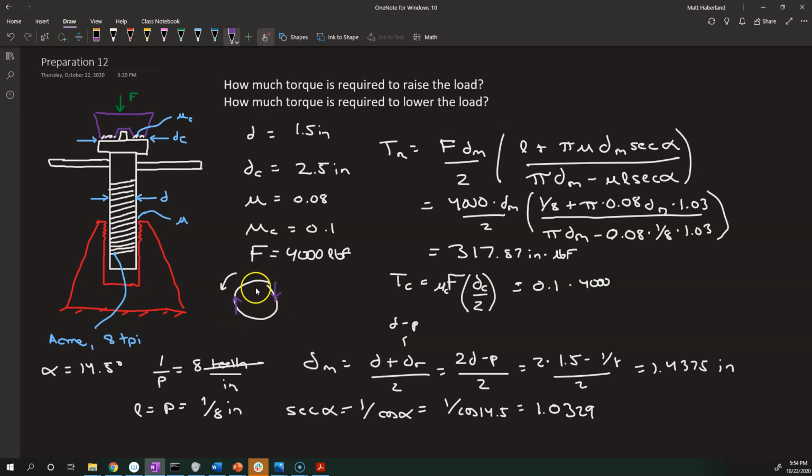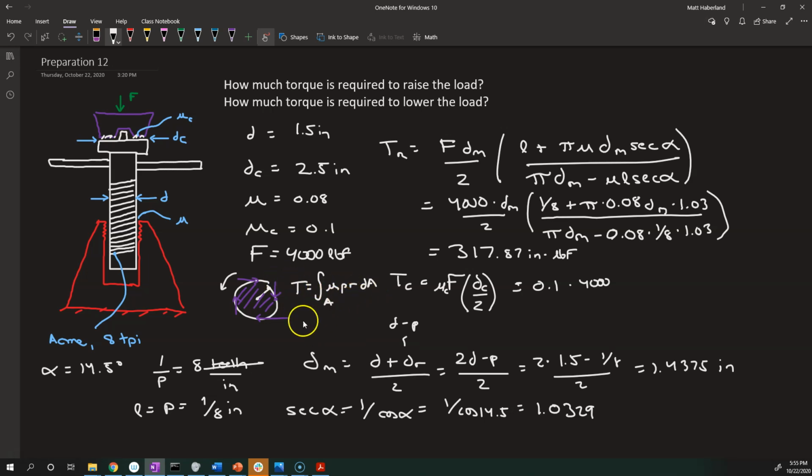And we're pretending that it occurs at whatever the full radius is, right? We'd have a smaller torque if it were acting somewhere in between, or if in reality it's a pressure over this entire area. And so it's some integral of the pressure, something like T is equal to the integral of mu times the pressure times the radius we're at times the little amount of area, over the entire surface.